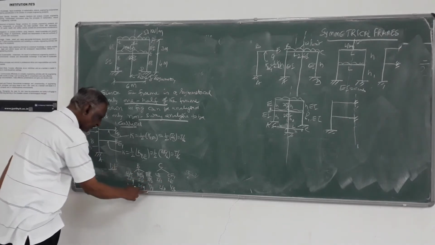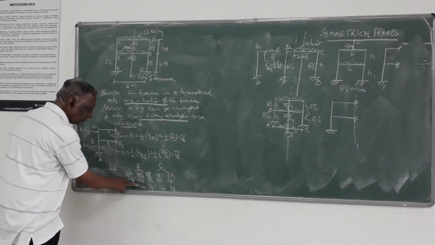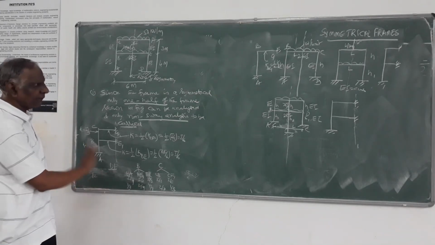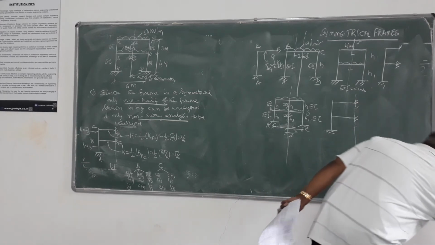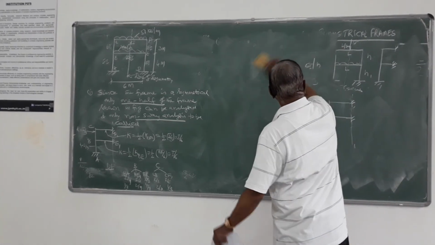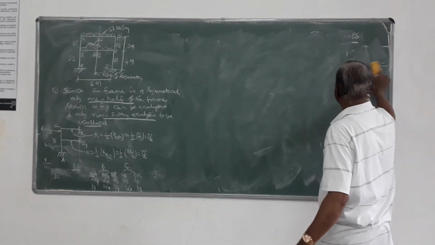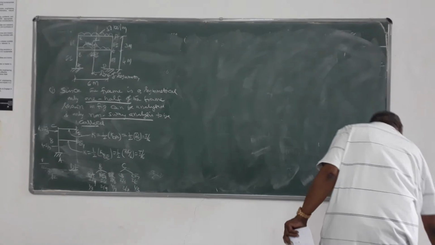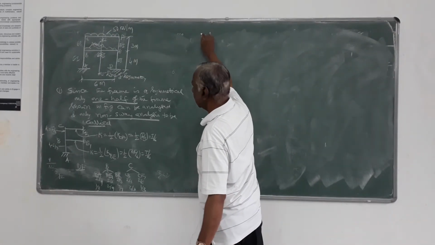That's satisfied. Here also the sum is 1: 3 plus 2 plus 4, 9 by 9, it is checked. So like this, you have to find the distribution factors by taking the stiffness of the cut member by the symmetrical line equal to half. Then you can carry out the non-sway analysis.